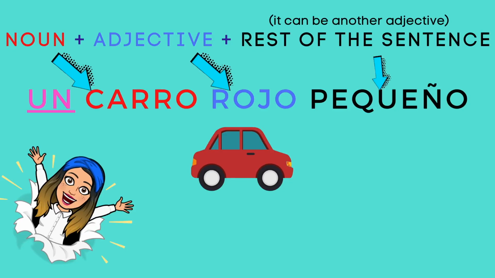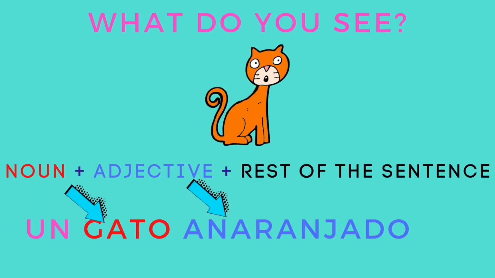Let's try with another example. What do you see? ¿Qué ves? Sí. Veo un gato anaranjado. I see un gato anaranjado. So how do we place these words in a sentence in Spanish?